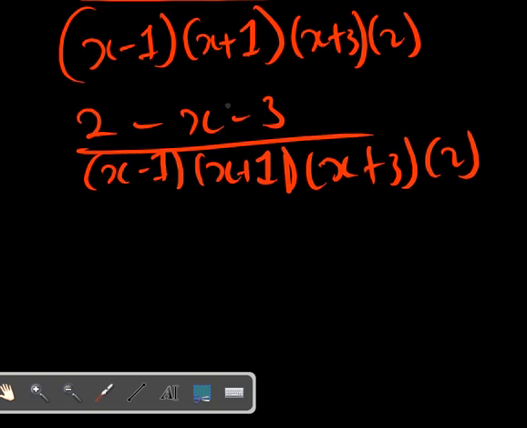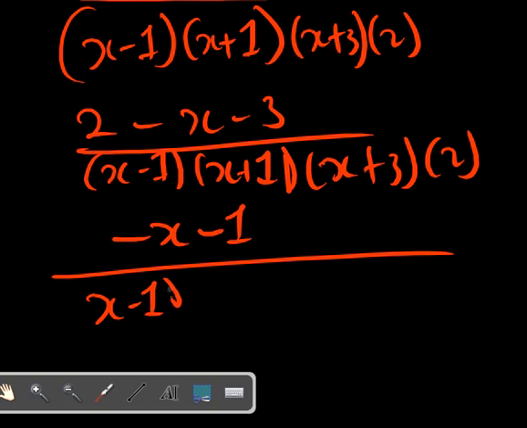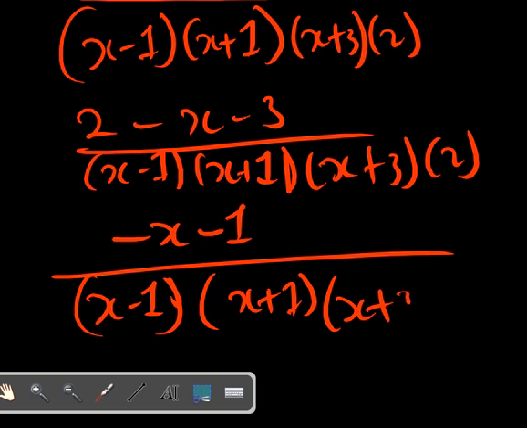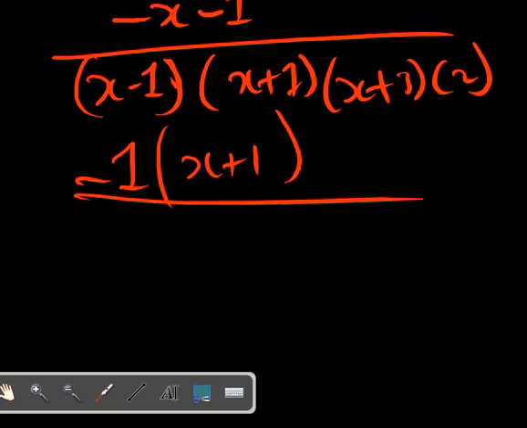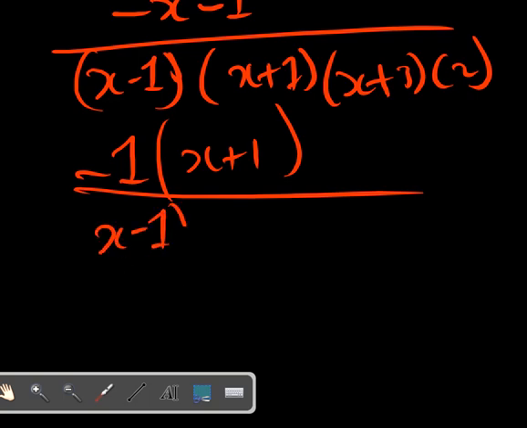If you further simplify the numerator, this gives negative x minus 1, and you get negative 1 times x plus 1, over x minus 1 times x plus 1 times x plus 3 and 2.